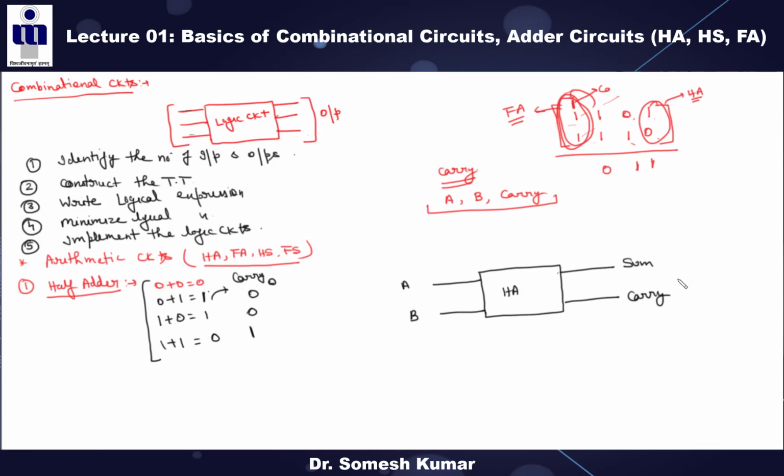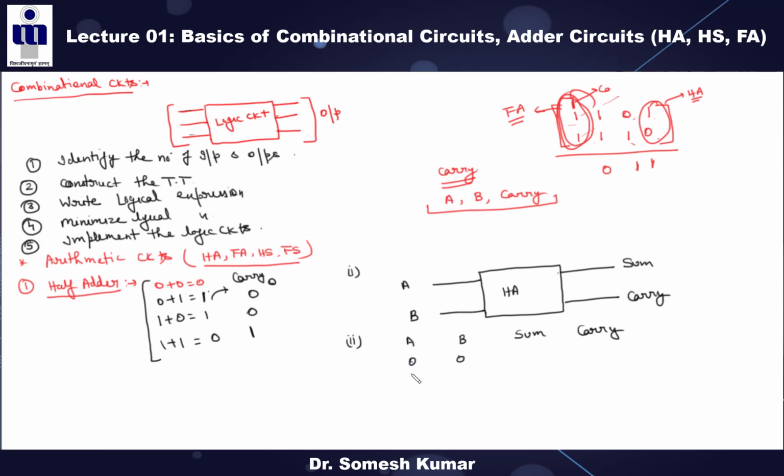Now you already identified the number of inputs and the outputs, right? What is the second step? Second step is you have to construct the truth table, right? And you know that truth table is the combination of your inputs and the outputs, right? So these are your inputs A, B, and these are your outputs sum and the carry, right? So if there are the two inputs, then how many possible combinations? 4.